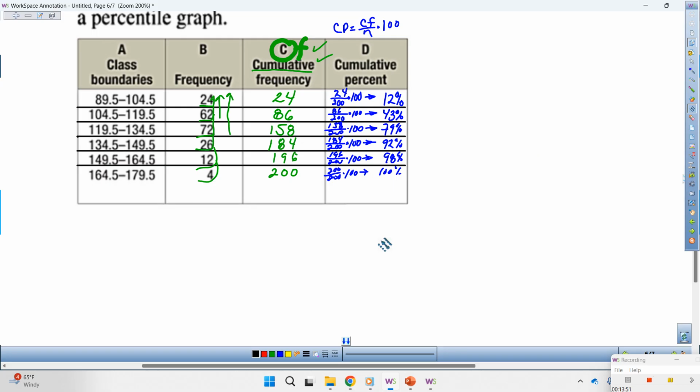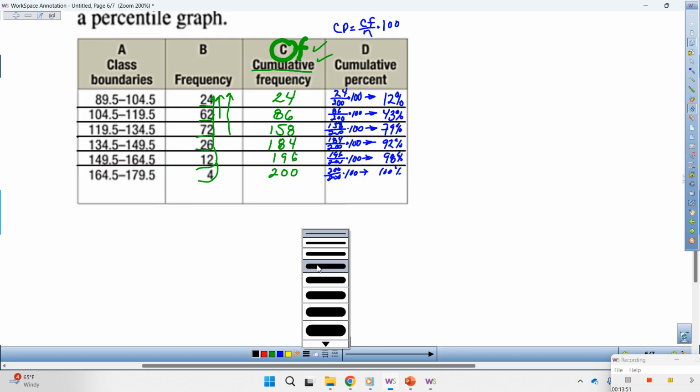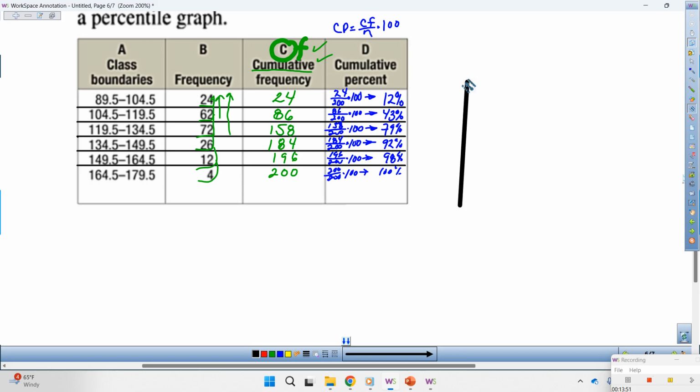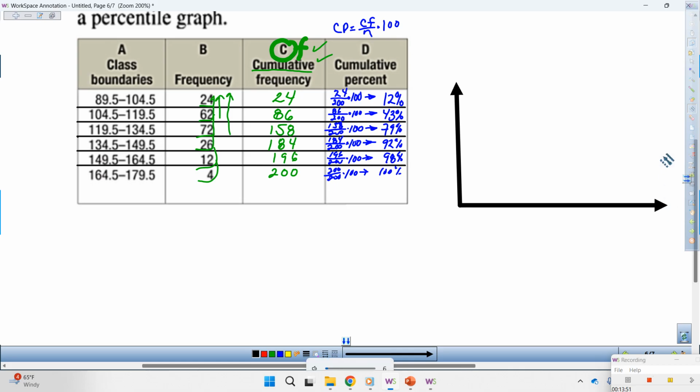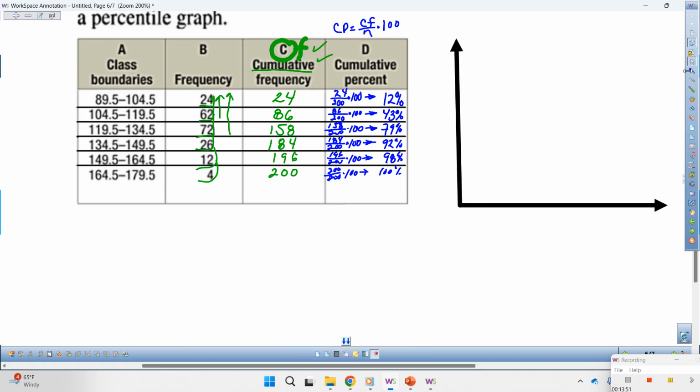So on the side, guys, let's do a graph. Here it goes. Let's do that way and that way. Our Y is going to be our percentages.